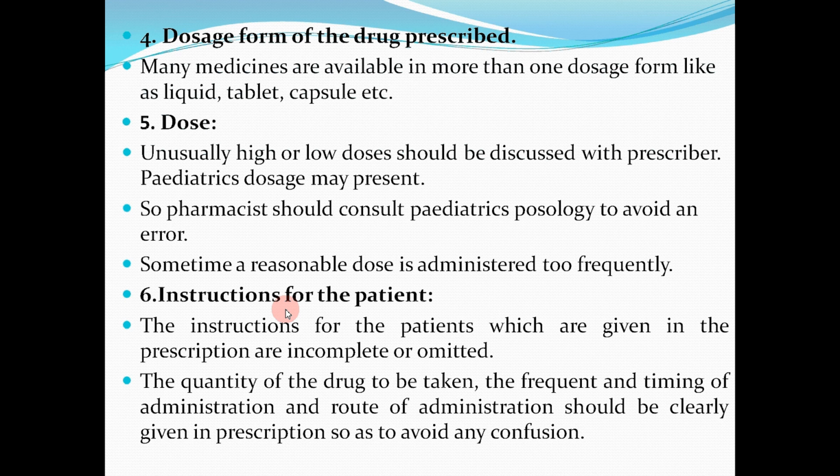The quantity of drug to be taken, frequency and timing of administration, and route of administration should be clearly given in the prescription. Why? Because it avoids any confusion. But if these instructions are incomplete or omitted, errors of prescription may arise.